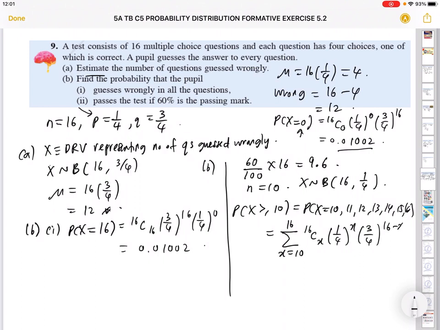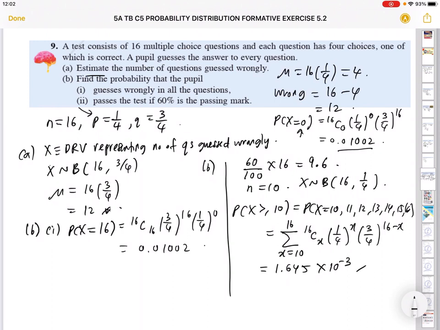Now you can use your scientific calculator, the KSSM calculator. There is a function that you can key in and get the calculation directly. Or if you want to add one by one, go ahead. I'm just not going to show you one by one. It's very long. So just use this general formula, key in your calculator, and you will get 1.645 times 10 power negative 3.